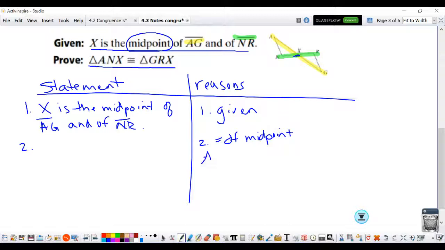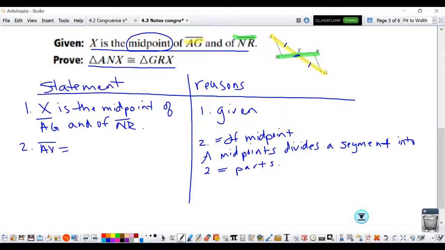So a midpoint divides or cuts a segment into two equal parts or two equal halves. So knowing the definition of a midpoint, I then can say that AX is congruent to GX and NX is congruent to RX.